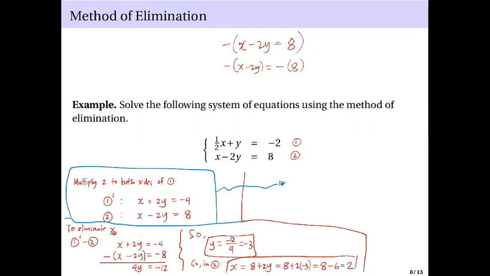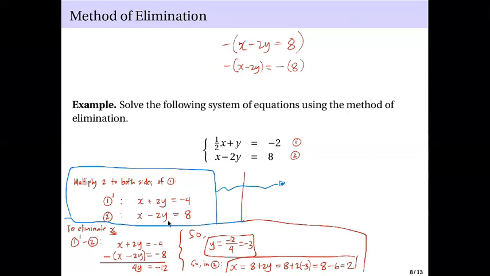So in this path here, we tried to eliminate x, and then we are able to solve for y and then solve for x. Now, suppose from here, we tried to eliminate the other variable instead, the variable y. Can we do that?